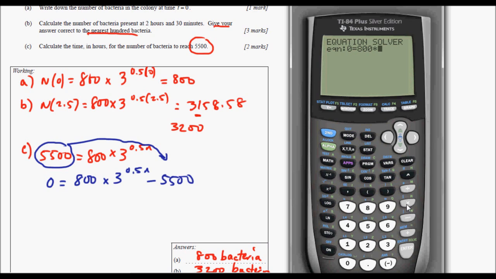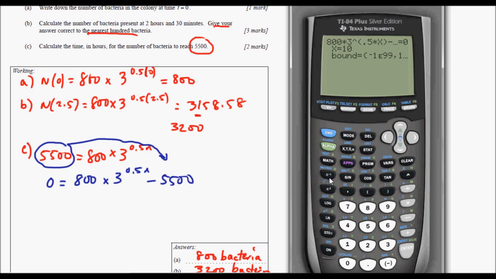So 800 times 3 raised, I put 5,000 instead of 5,500. So if it had been 5,000 bacteria, I would have been perfect. 0.5 times x, and then make sure you put brackets, okay, so it knows to raise it to that, and then minus 5,500. Whenever you're in doubt, just put brackets.